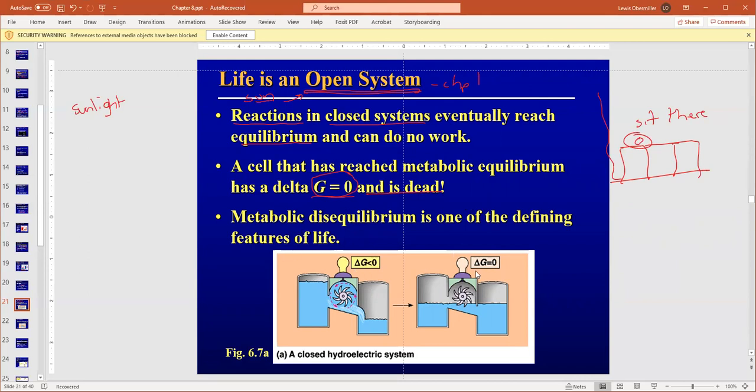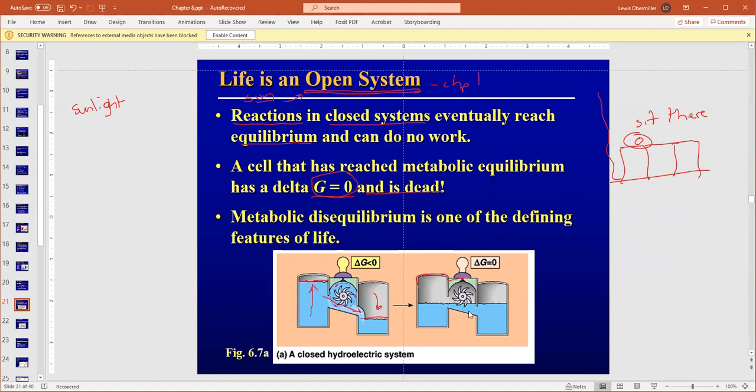So the artist in your book did a drawing. Basically, they closed the system off. The example they're using is kind of like a hydroelectric dam. We have high energy on one side with the water, and then we use gravity to spin this turbine and make electricity, and that goes to a low level.